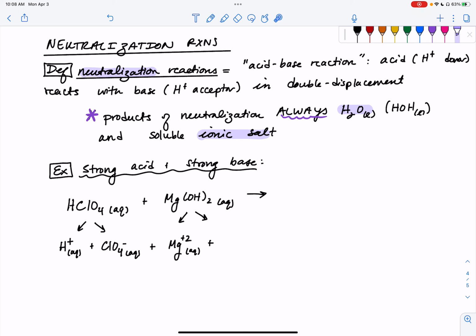And based on these subscripts here, I need 2 hydroxide anions in solution. If I go by my Arrhenius definition, the HClO4, because it generated the H+, would be my acid, and my magnesium hydroxide, since it generated my OH- in solution, would be my base. That's purely according to the Arrhenius definition.